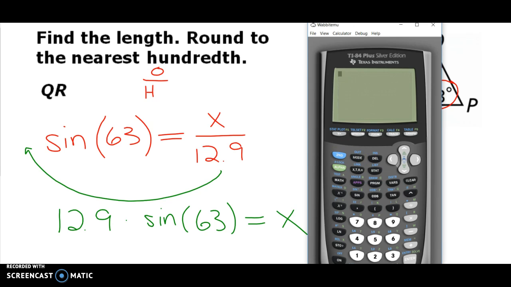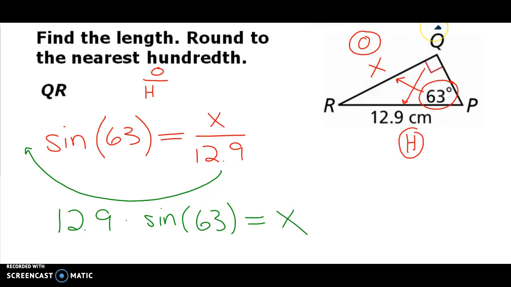So now you just have to type in 12.9 times the sine of 63. Get in the habit of closing your parentheses. How long is QR? 11.49. So QR equals 11.49. Give it some units. Centimeters.